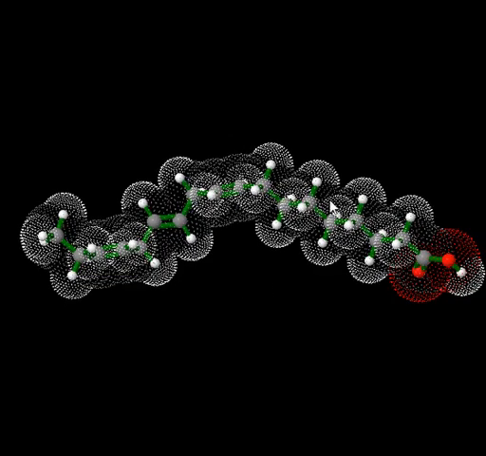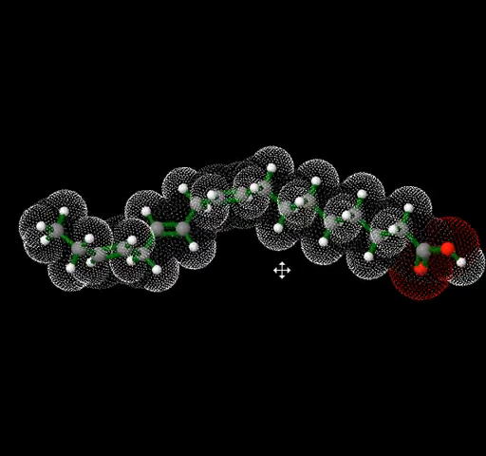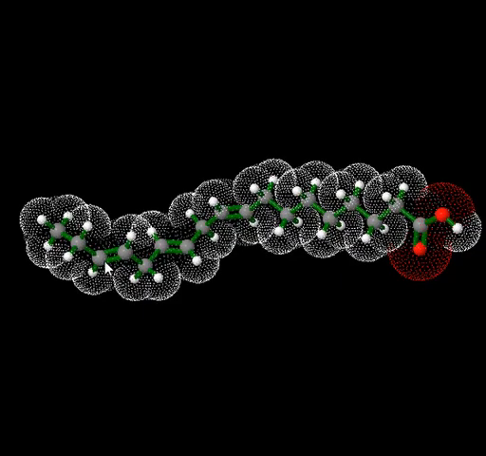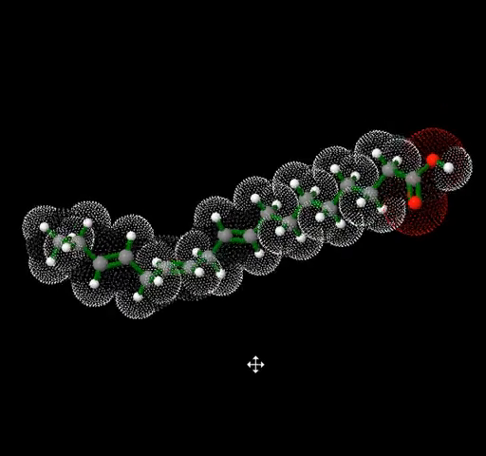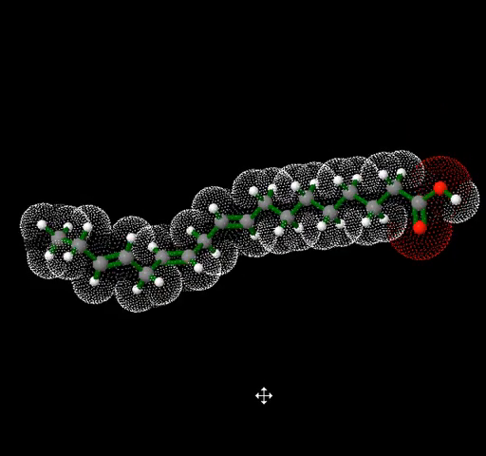We have this part here, and then we have a trans bonding right here and right here. So basically it keeps the molecule a bit more linear when we compare this with the cis unsaturated site.